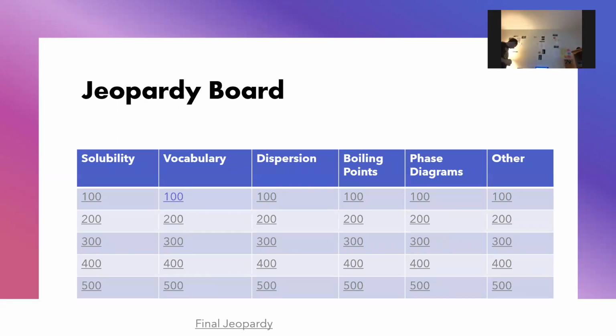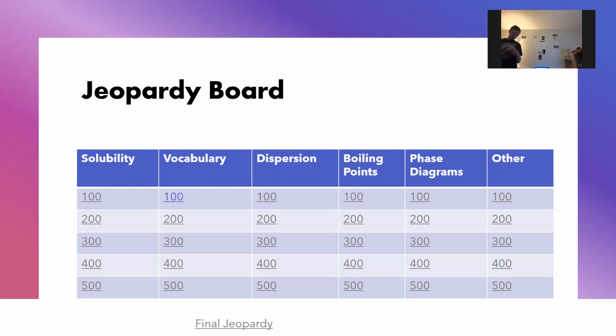So now we're going to find out your totals. Iodide, I'm going to add up your totals now. You have a total of 3,100.